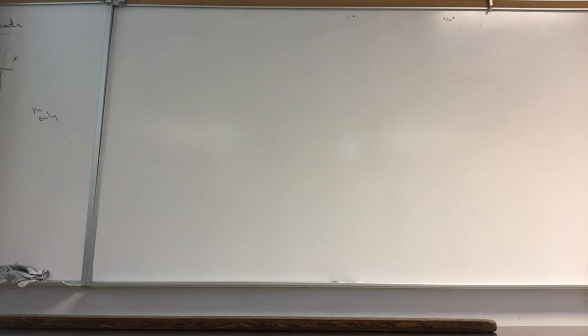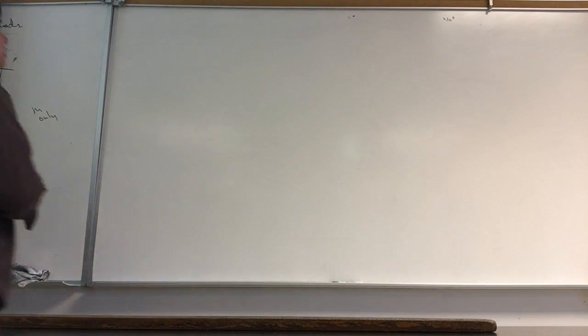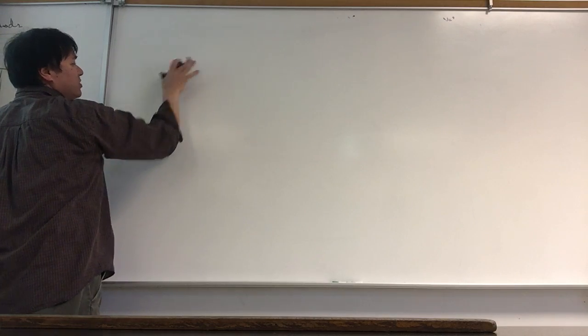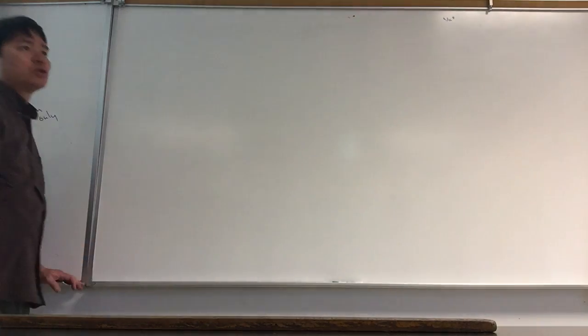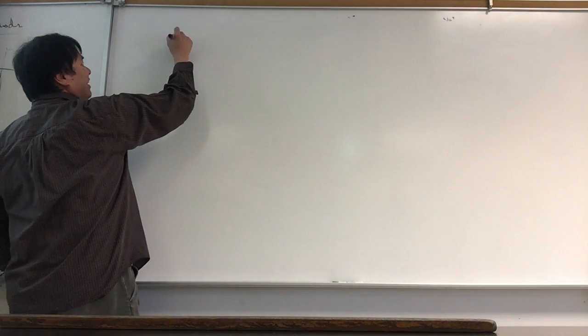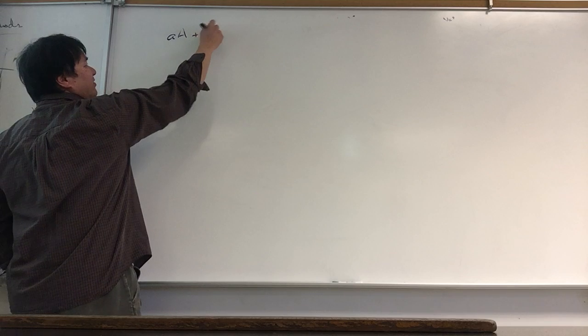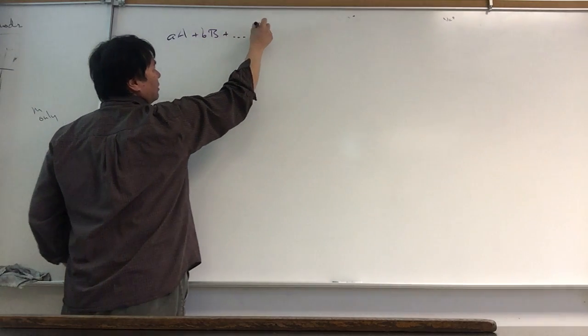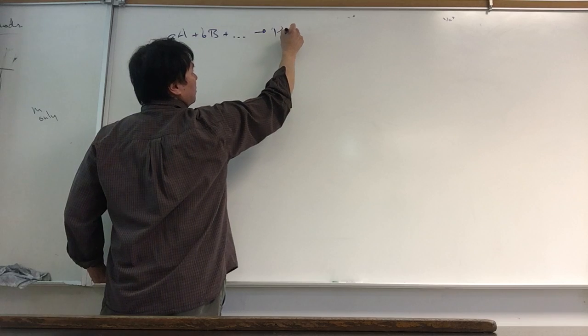All right, for chapter 14, let me leave that up because I'm going to show something in there. Like kinetics, I'm going to keep it simple, so I'm going to go out of order from Petrucci. Petrucci starts off with some reaction like this: A plus B plus ... This goes to product.